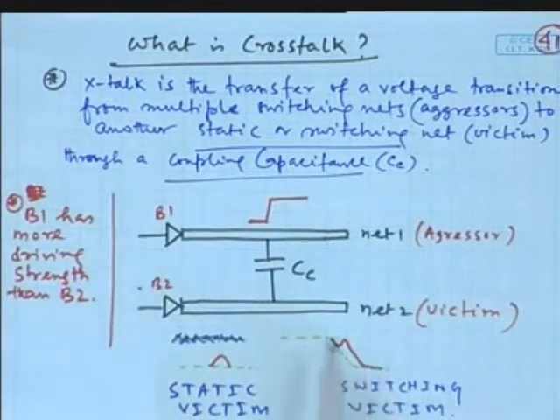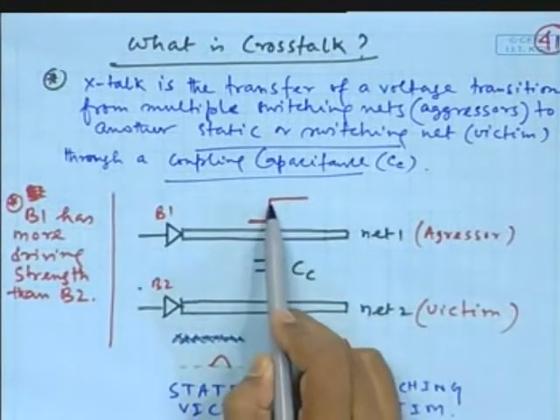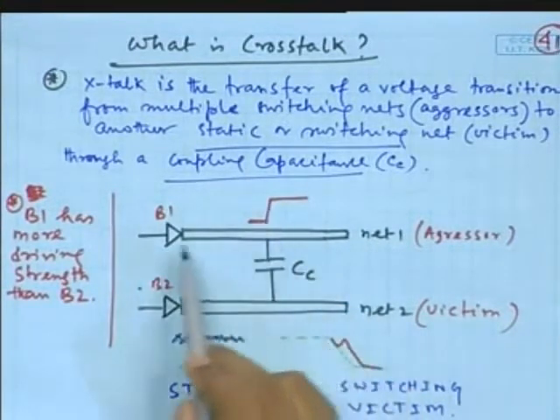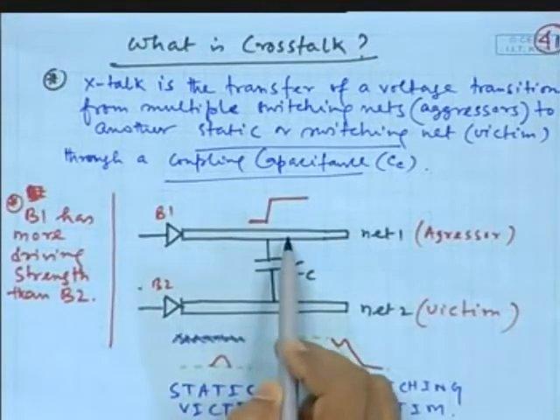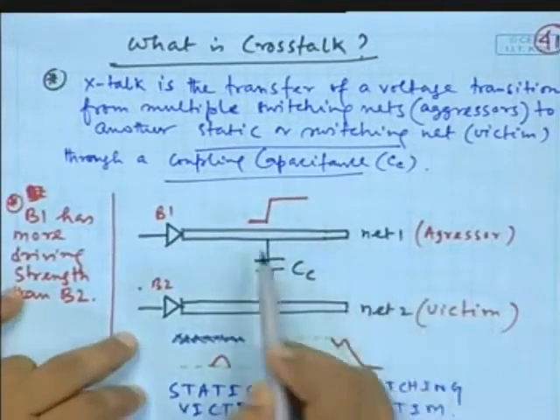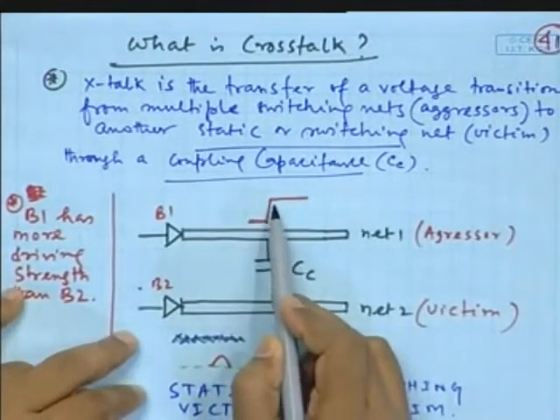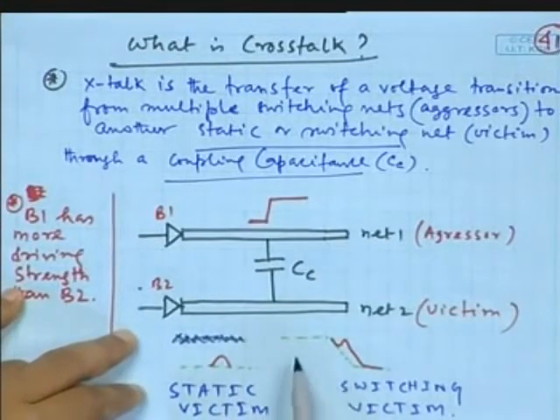Say B1 has more driving capability compared to B2. What does it mean? This one has a steeper transition. If this is stronger, it has a steeper transition, which means it is faster, generally. Now if this is stronger, say this was static, there would be a voltage bump, or say it was moving like this green color, is it visible?